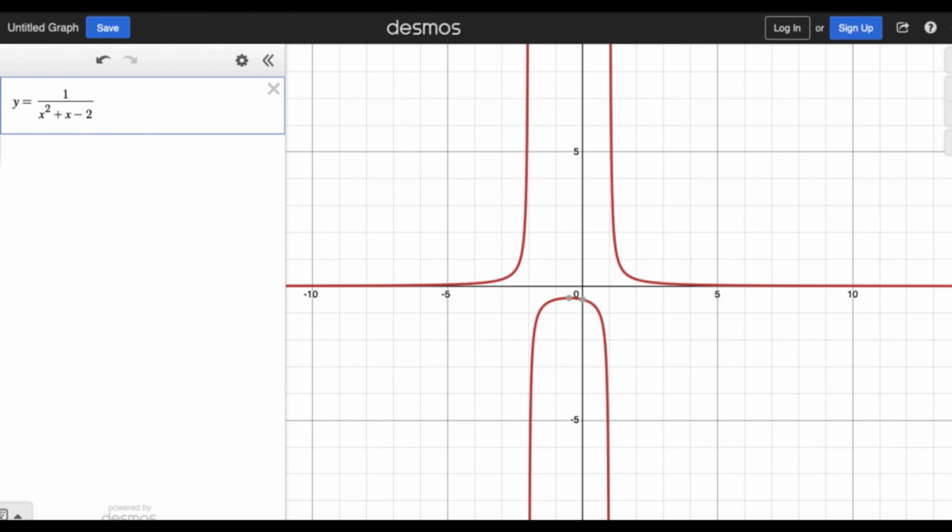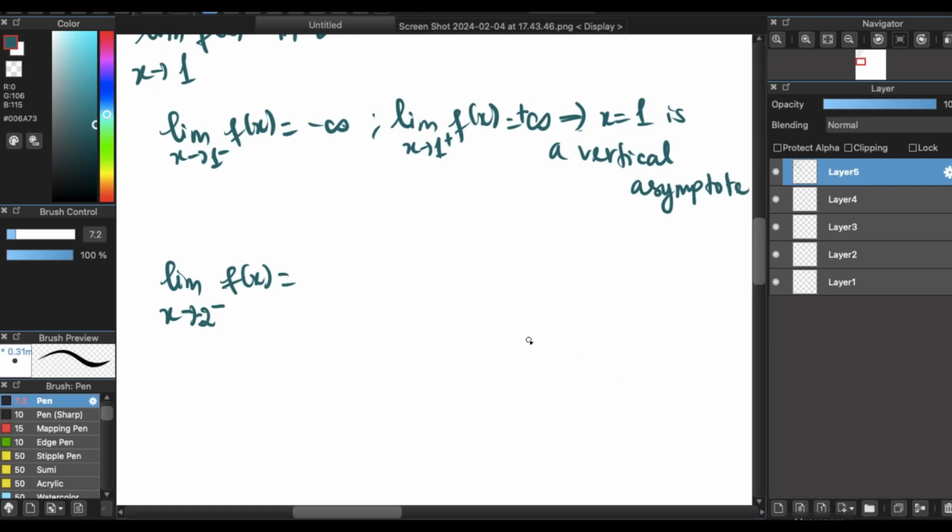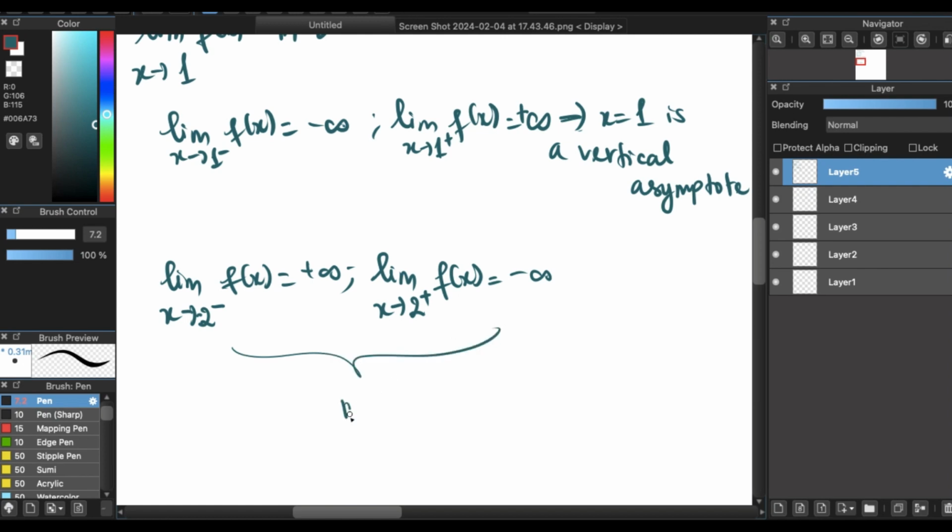Positive infinity on one side and minus infinity on the other. So x equal to minus 2, sorry, there's a minus symbol here, is also a vertical asymptote.